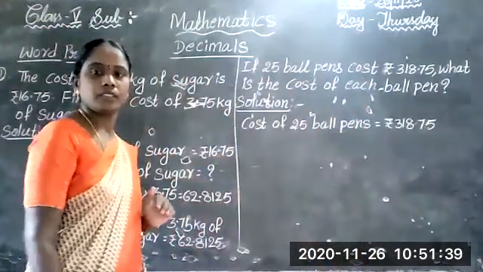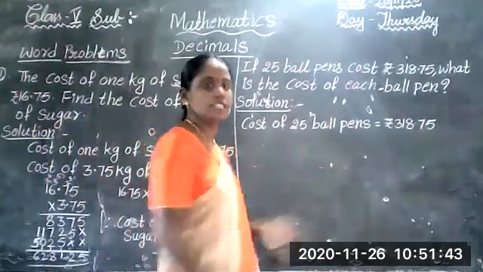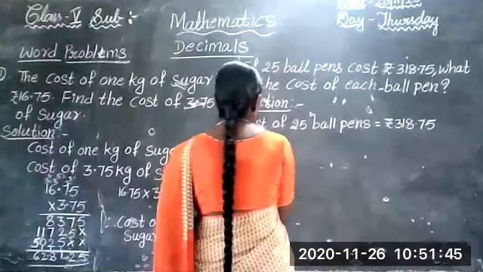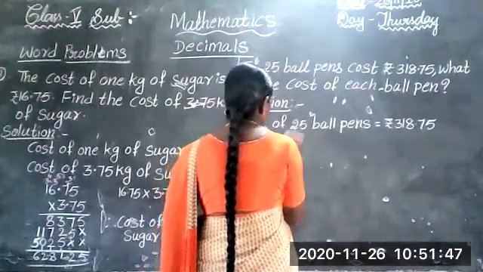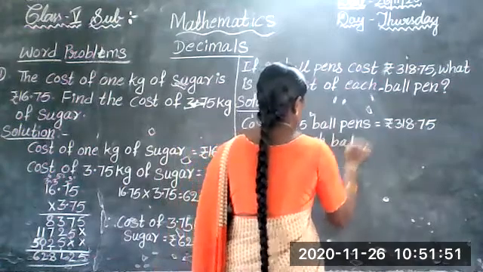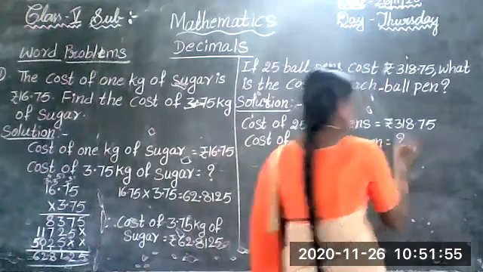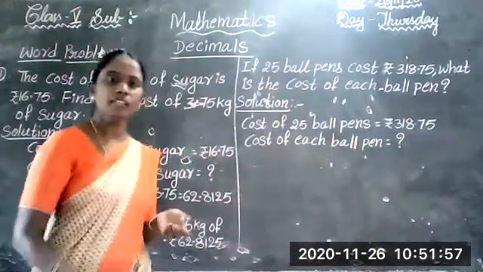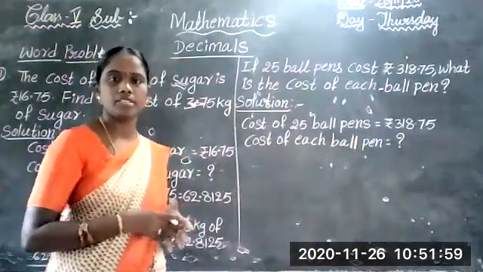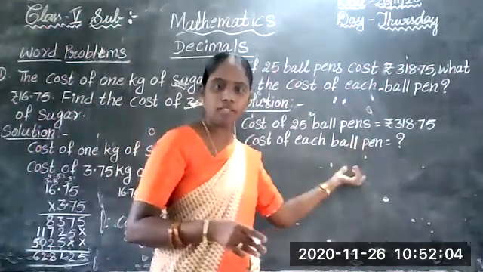Next, cost of each ball pen, question mark. We can find that one. Now we have to find out that one only.